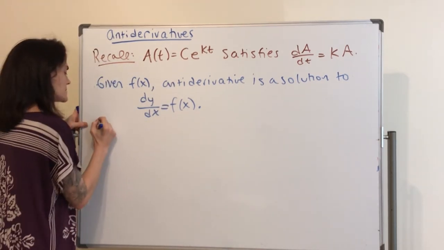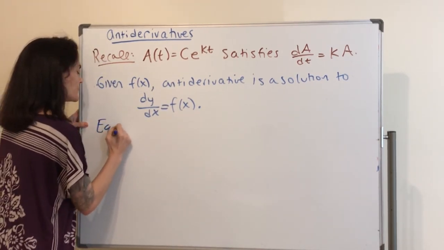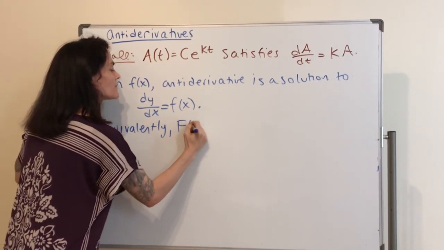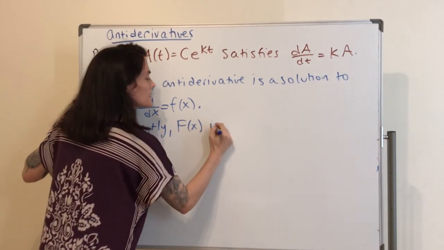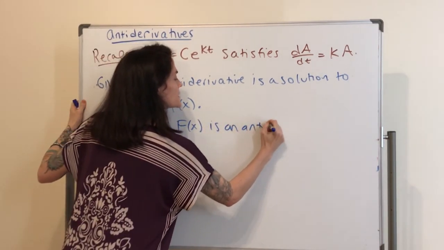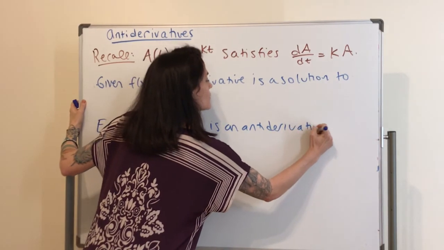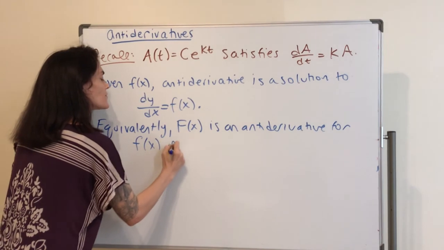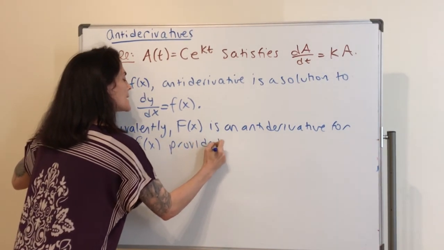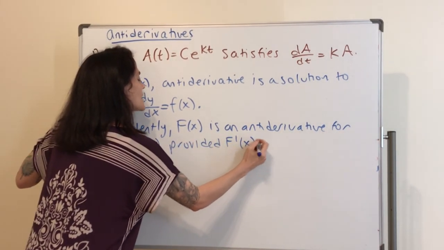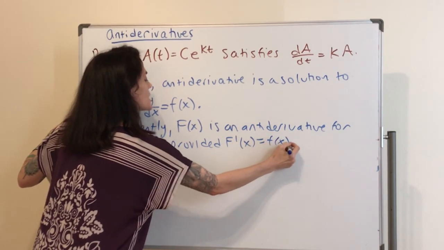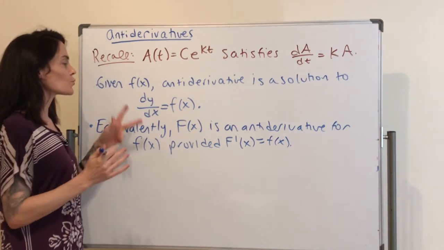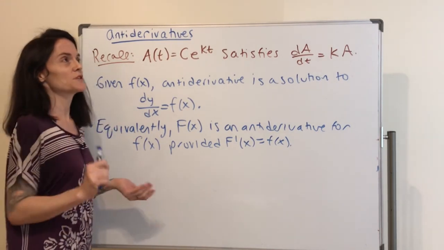Another way to say this, equivalently, capital F of x is an antiderivative for little f of x, provided capital F prime of x is little f of x. So this here is saying the exact same thing. It's just not written in the language of differential equations.